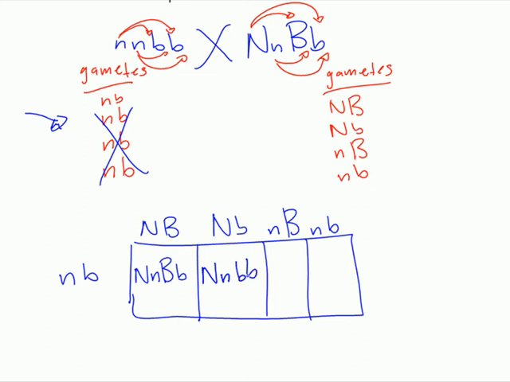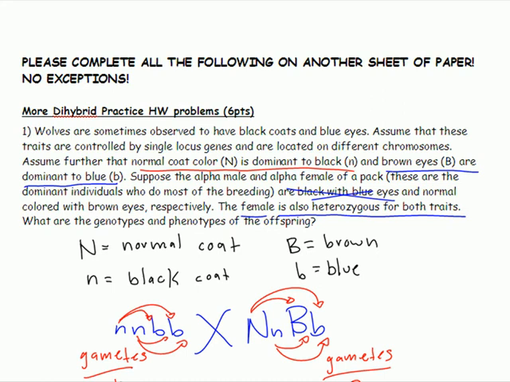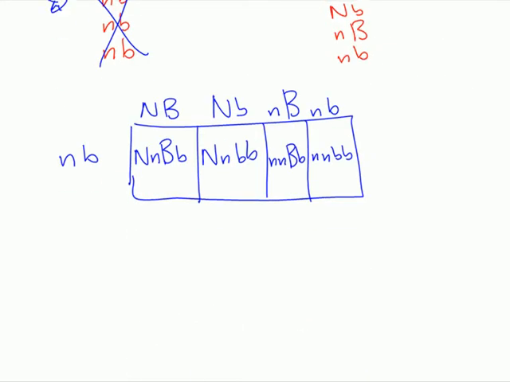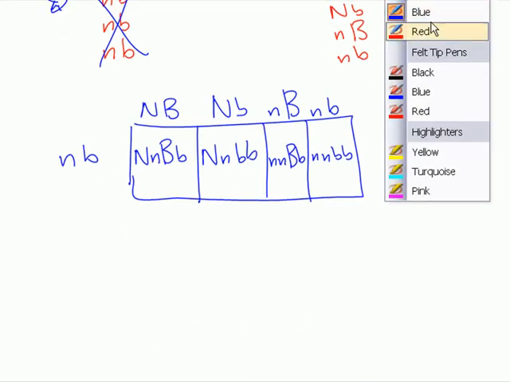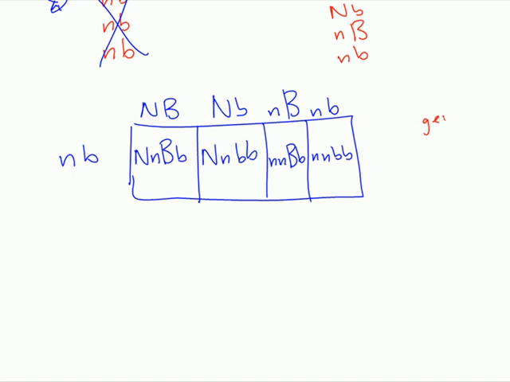If you make a mistake, let me know. So what is the genotypic ratio was one of the questions. In case you forgot what the question was, we go back up to the top. What are the genotypes and phenotypes of the offspring? Well, the genotypes are going to be what's in these boxes.